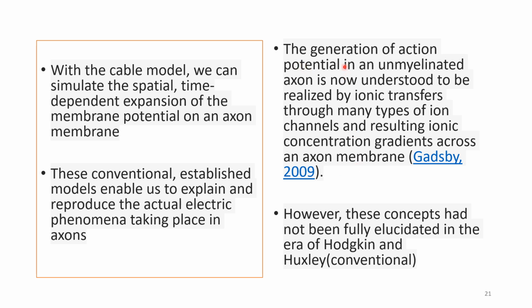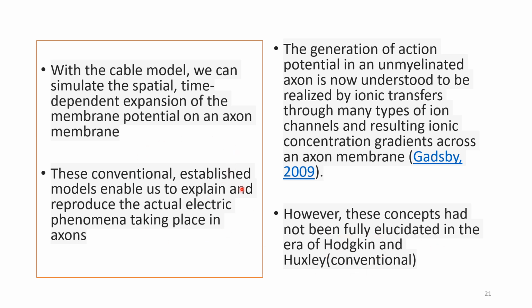But here you can see that the generation of action potentials in an unmyelinated axon is studied. It is now better understood that the generation of action potentials is because of ionic transfers through many types of ion channels and the resulting ionic concentration gradients across the membrane. However, these concepts had not been fully elucidated in the era of Hodgkin and Huxley.